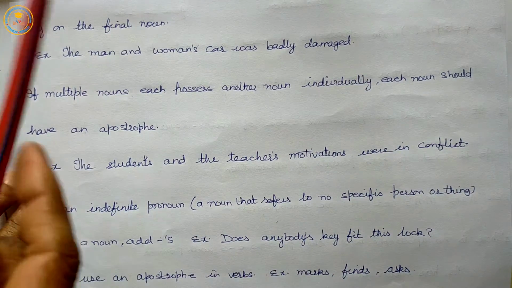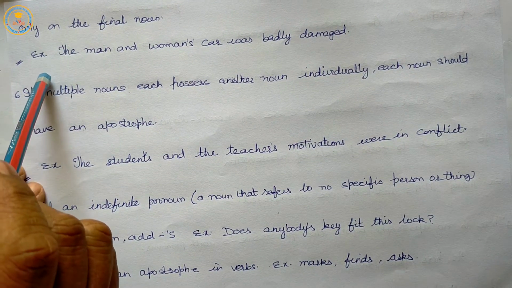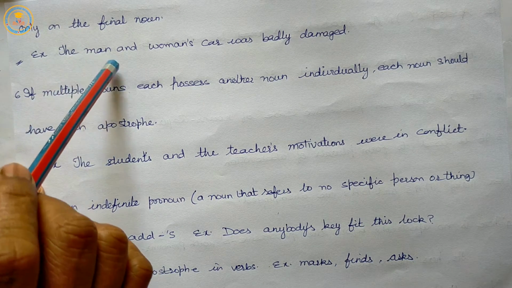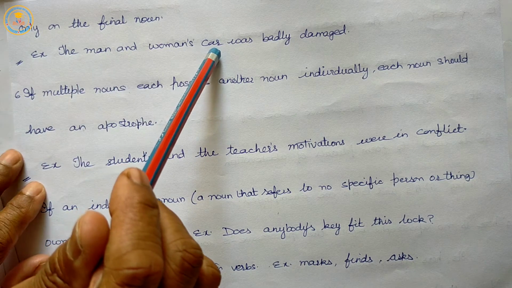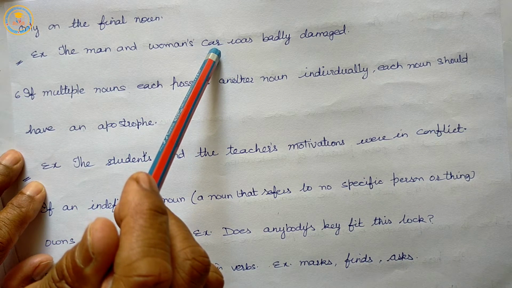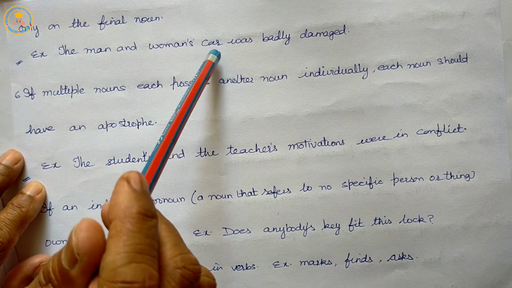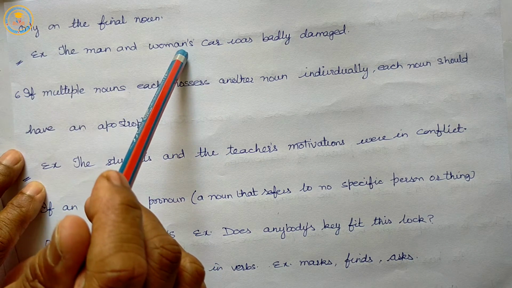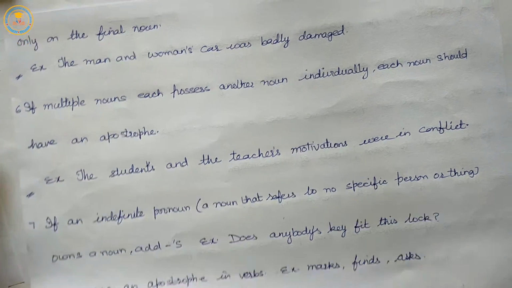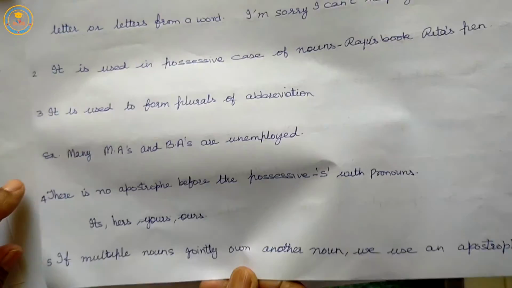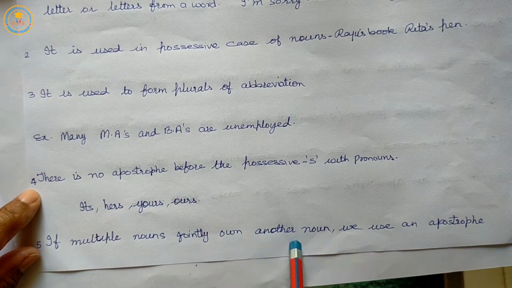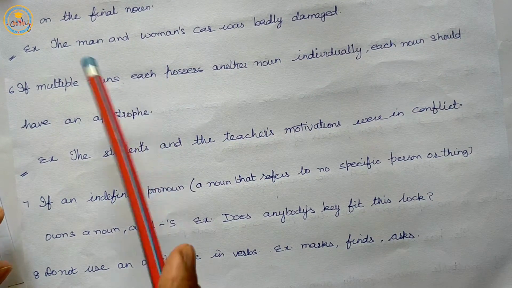Here in this sentence, one car belongs to both the man and the woman. So if multiple nouns jointly own another noun, we use an apostrophe only on the final noun.